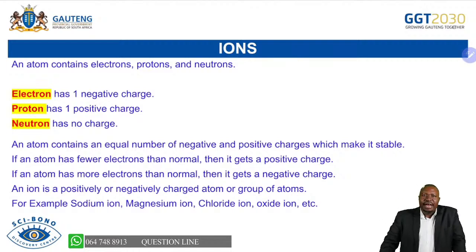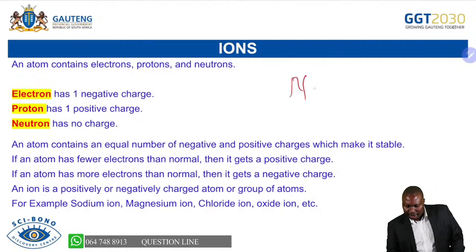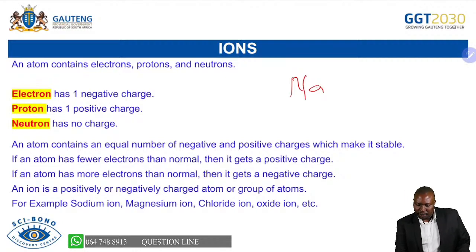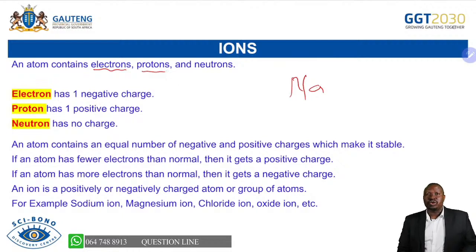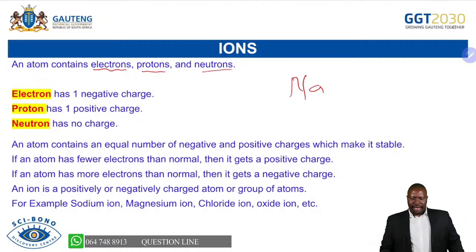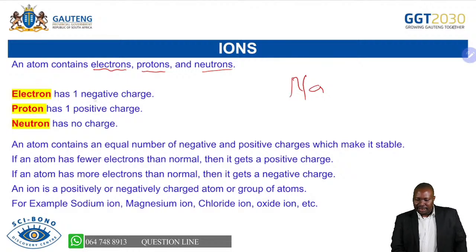Now, I want to remind you about ions. When we talk about an atom, I will use, for example, a sodium atom. A sodium atom has what we refer to as electrons, protons, and neutrons. And remember, electrons are negative charges.